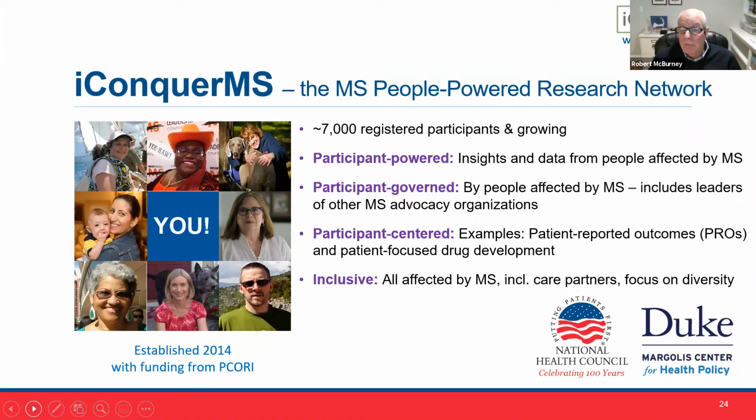Examples are that it's very focused on patient-reported outcomes and also on what Vanessa just mentioned about patient-focused drug development, and I'll give an example of that. And it is inclusive, so all people affected by MS, including care partners and including a focus on diversity.